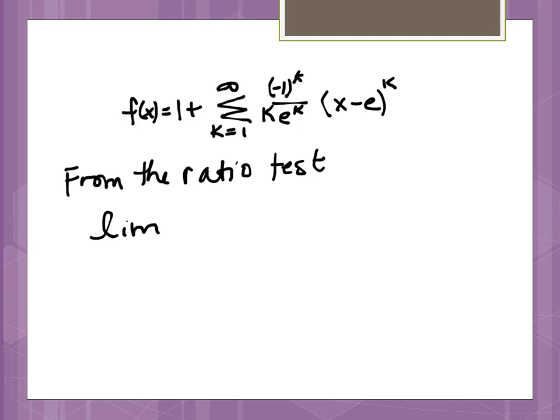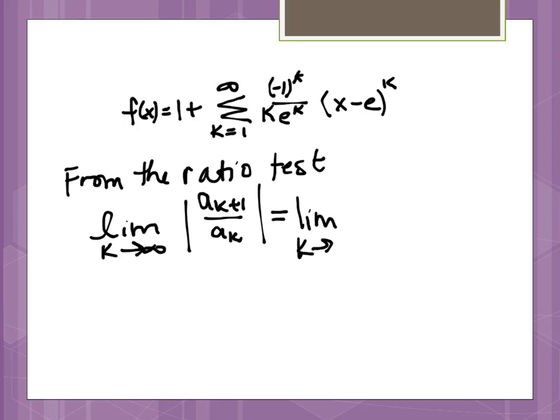Yeah, we're taking a limit, right, as k goes to infinity, of the k plus 1 term divided by the kth term, and we're actually dealing with absolute values. Okay? Looks good. So for what I've got here, this is the limit as k goes to infinity. A sub k plus 1.